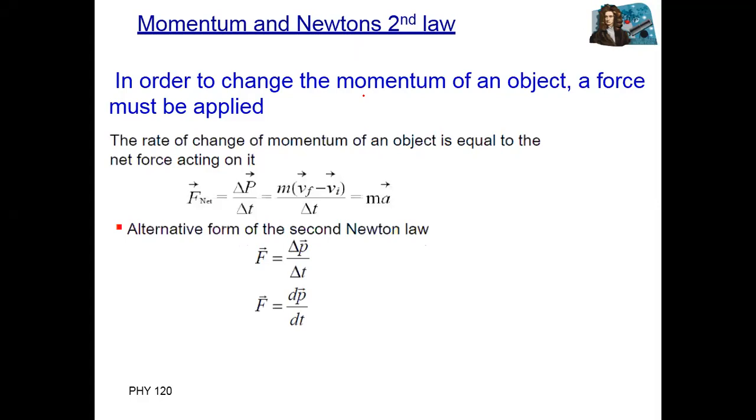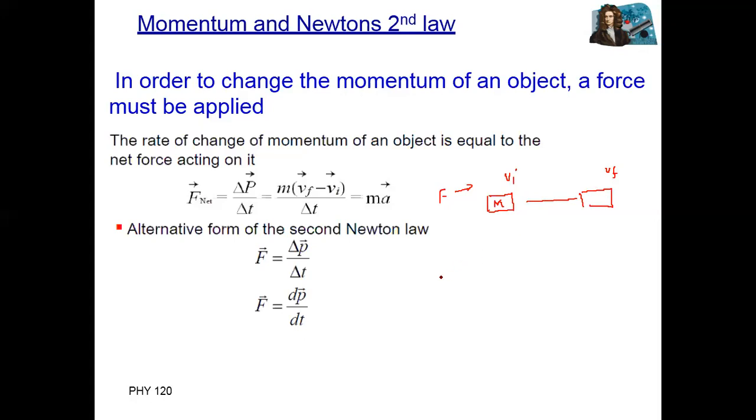What does rate of change of momentum mean? For example, if we consider a body of mass m, let's suppose the initial velocity of the body is vi. If we apply a force on this one, it covers some distance and reaches the final velocity vf.